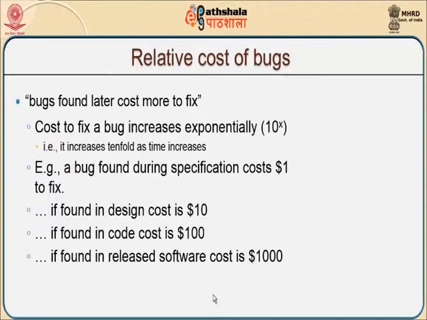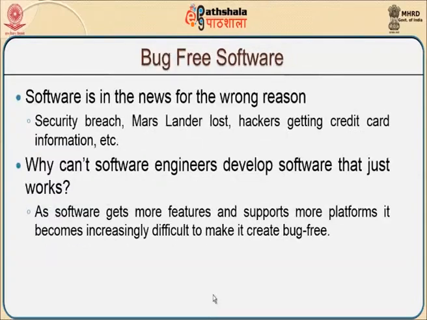If found in the design it would be $10, and if the same thing is found at the code level, it would take $100, and if found in the released software, it would cost $1000. So, it is a tenfold increase that we could see when it goes to the subsequent levels.